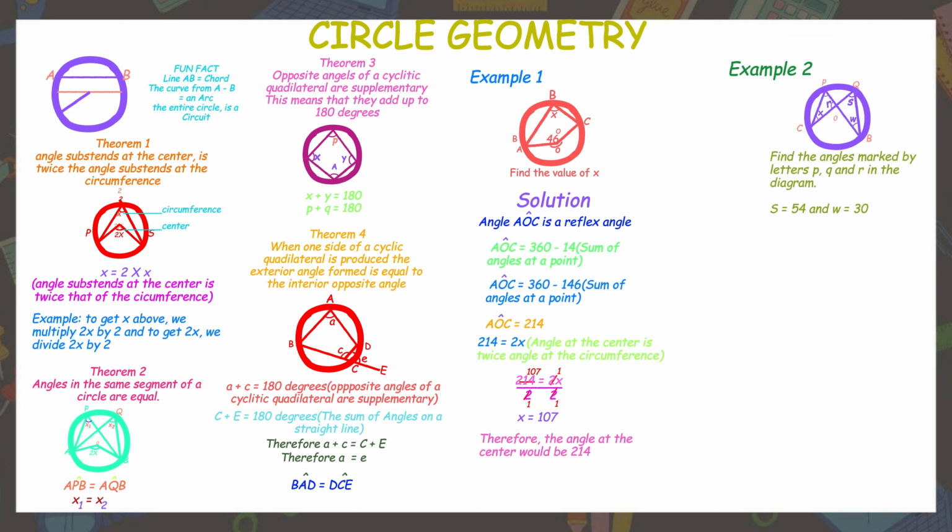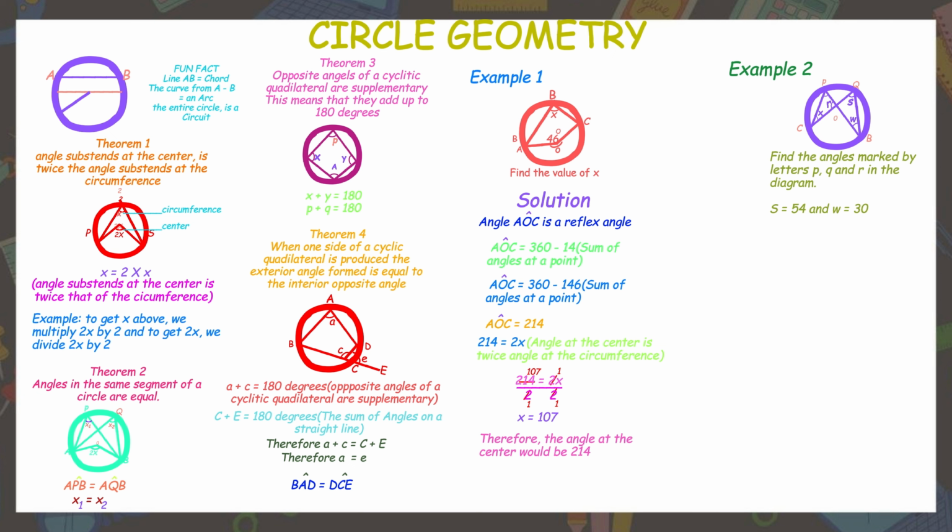Here is another question. In this diagram, we have to find the angles marked by letters P, Q, and R in the diagram above. If x is equal to 54 degrees, that is this angle, and W, this angle, is equal to 30 degrees.